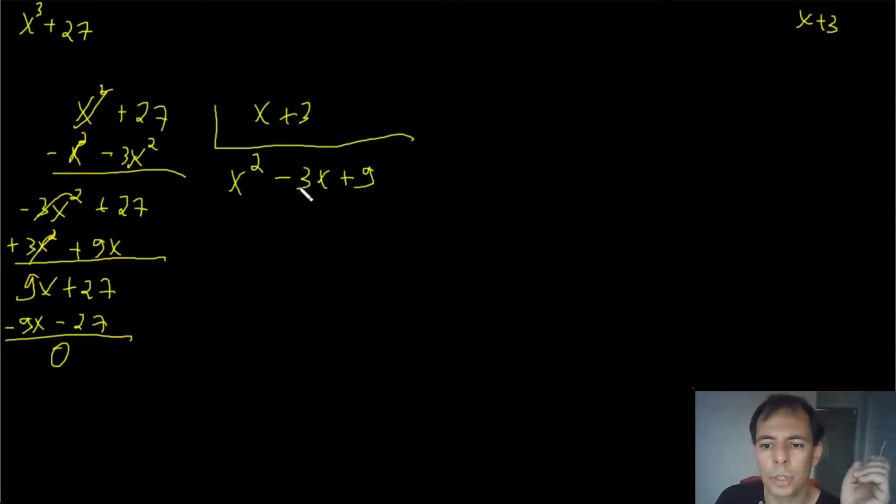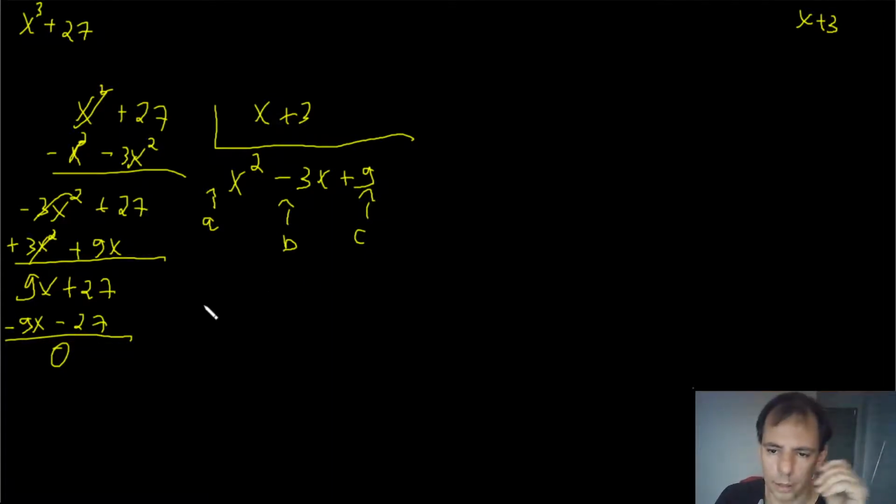So all we're going to do is plug it into the Bhaskara formula, and things are going to work out. For people that don't know what I'm talking about, this is going to be a, this is b, and this is c. Here we go.